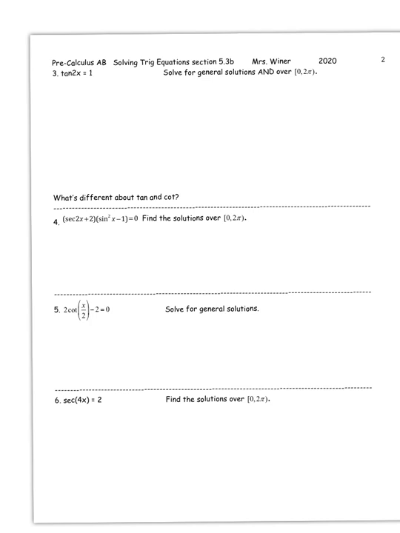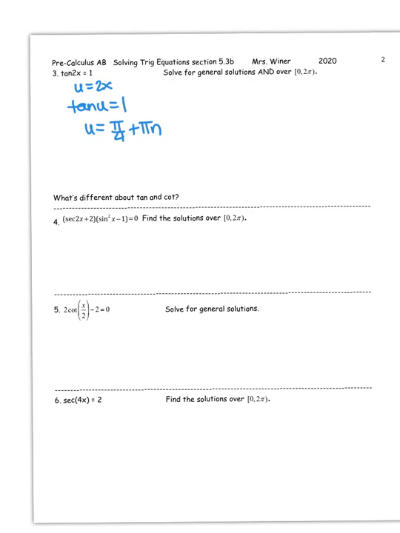Okay, tangent's just slightly different. So let u equal 2x. Tangent of u is equal to 1. So what will u equal? Well, with tangent, we only need to find the first angle and add pi n, just like before. So tangent's actually easier. So we are only going to say pi over 4 plus pi n, because 5 pi over 4 is just pi more than pi over 4.